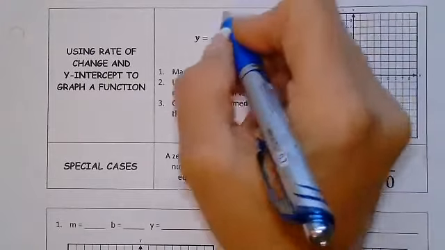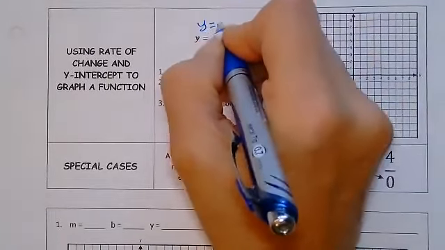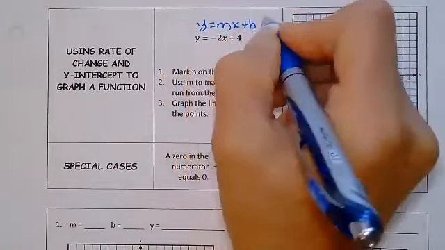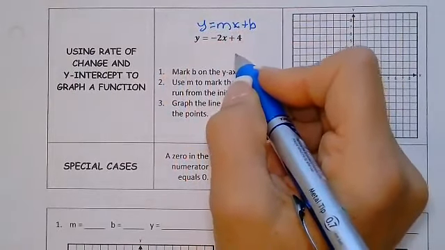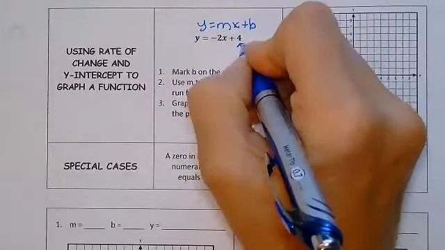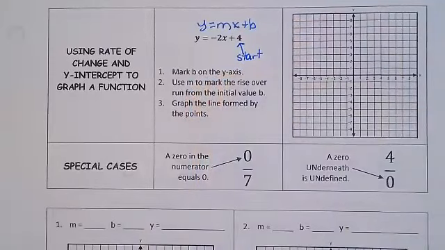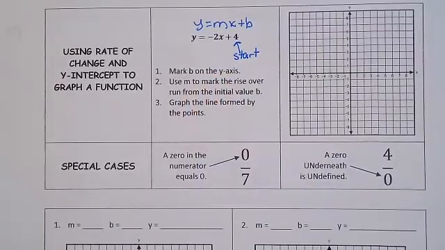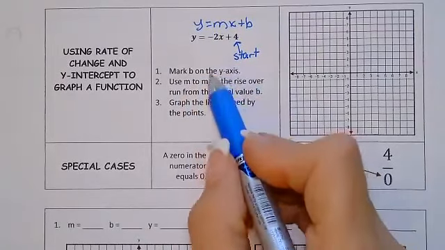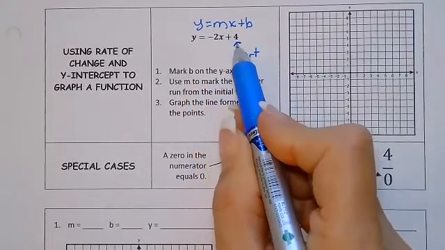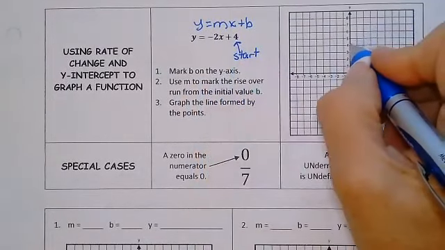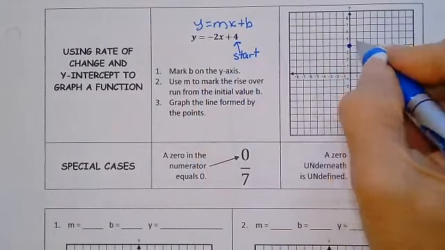So this, first of all, is slope-intercept form. This is where you start. The y-intercept is also called the initial value. It's the starting point. So I'm going to mark that on the y-axis. So 4 is right here.